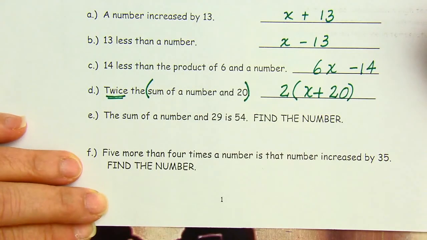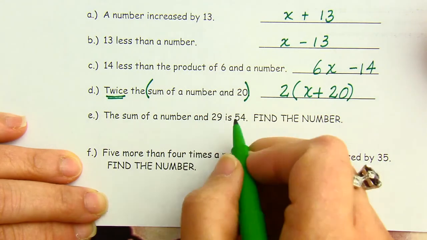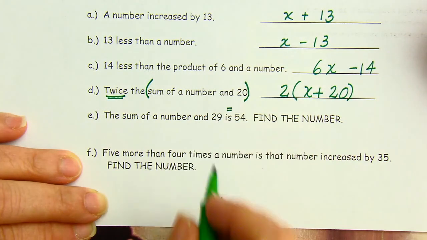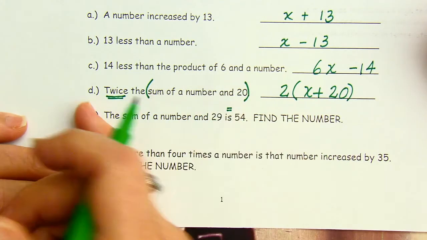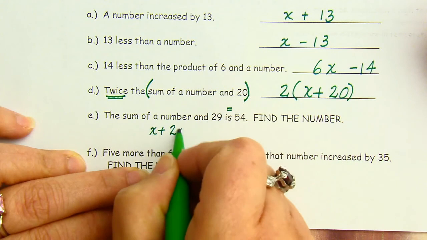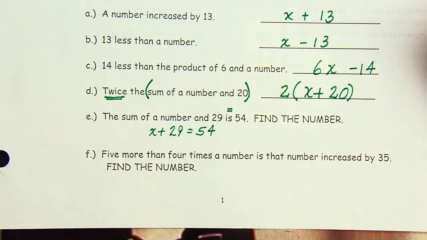Almost done. The sum of a number and 29 is, this is like my breaking point for my equation, okay? The sum of a number, so it's the left side I got to put together. The sum of a number and 29, well, that's x plus 29 is or equals 54. That's my equation.